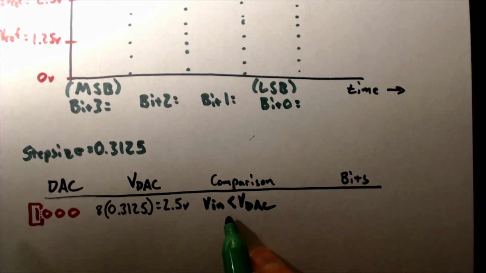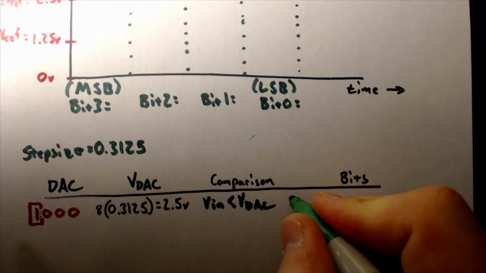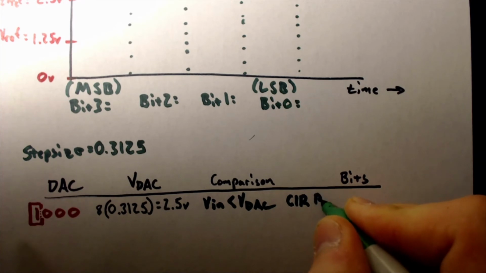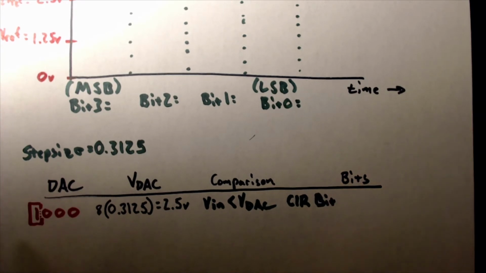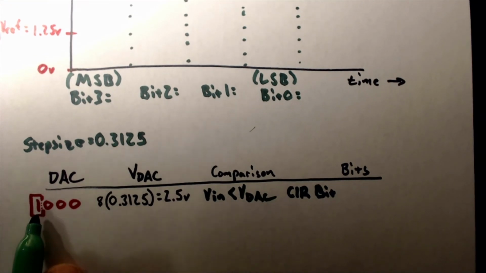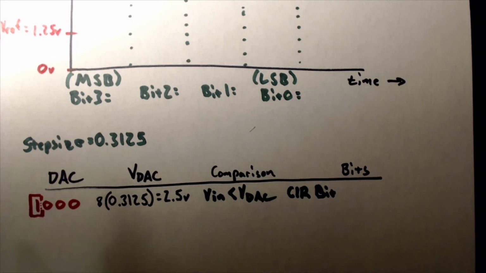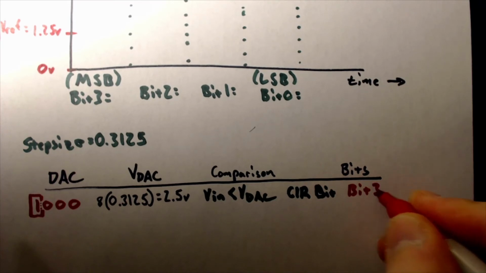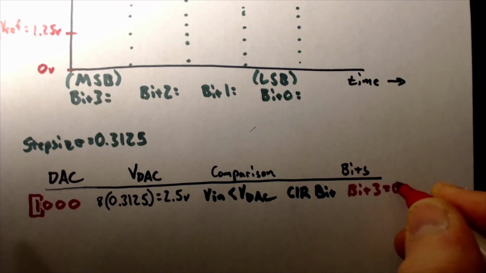Now, when VIN is less than VDAC, we clear that bit. So this first most significant bit of interest here gets cleared. Bit 3 is equal to 0.